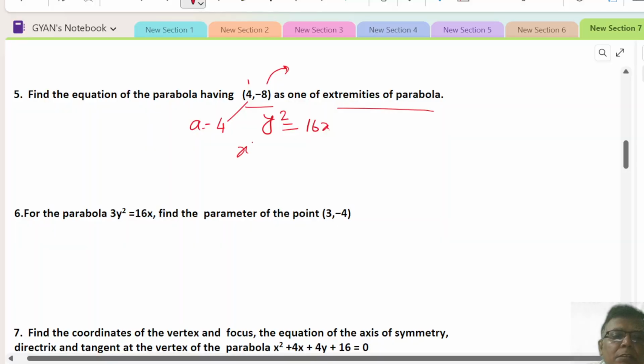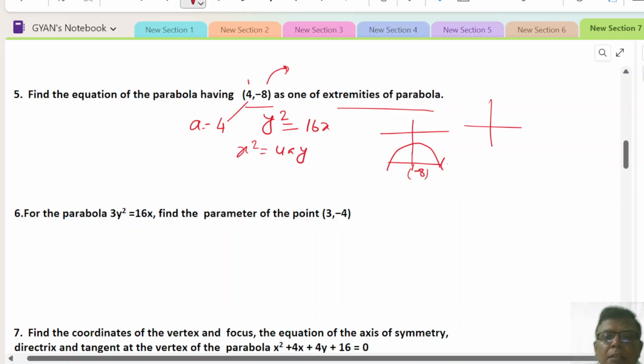Like this one. This is minus 8 and x is 4.